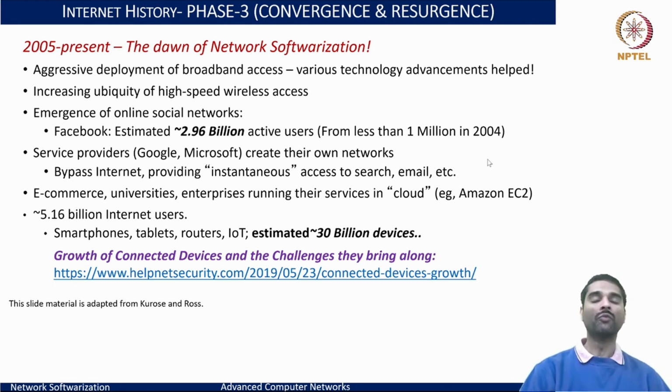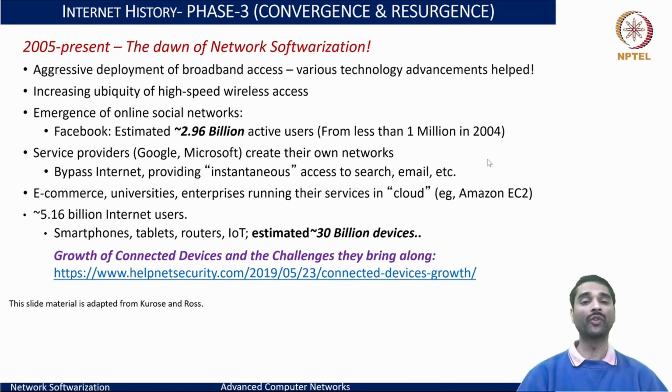And once it became accessible to most users, even applications like Facebook, which was a social network at that time that started with roughly 1 million users in 2004, now, if we estimate, the scale spans roughly 3 billion active users day to day. And this shows the emergence of the internet and the widespread scale that it has reached.